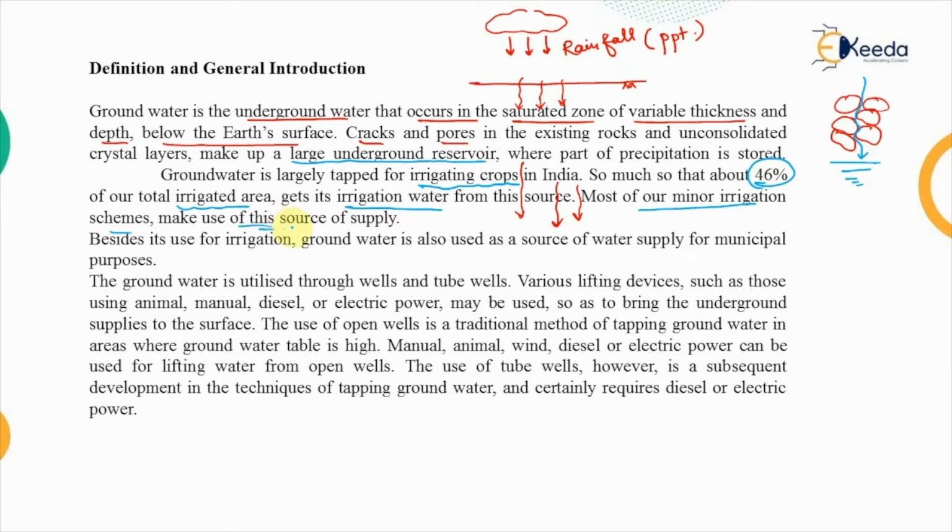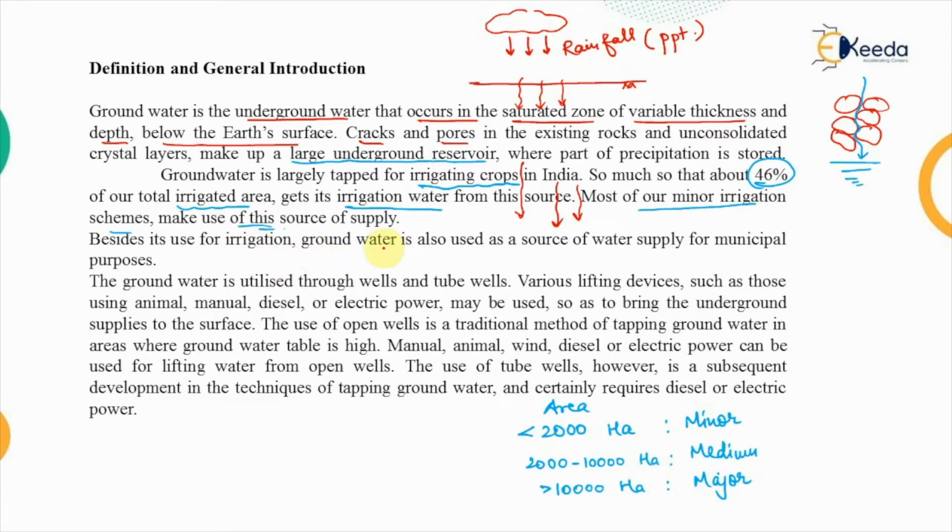If the irrigated area is less than 2000 hectares, it is known as minor irrigation. If it is between 2000 and 10,000 hectares, it is known as medium irrigation, and if it is greater than 10,000 hectares, such schemes are known as major irrigation schemes.